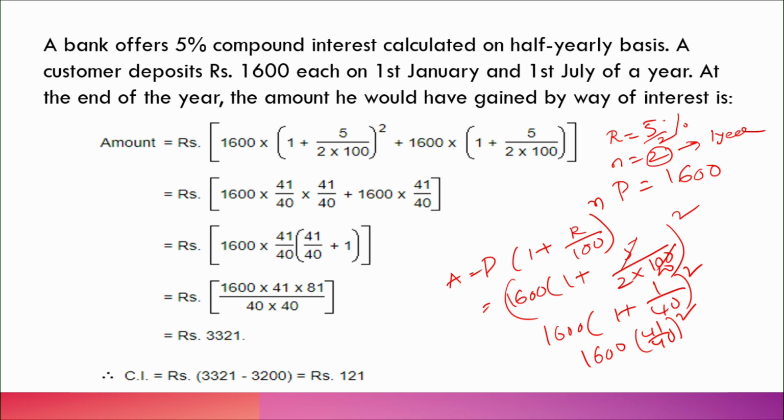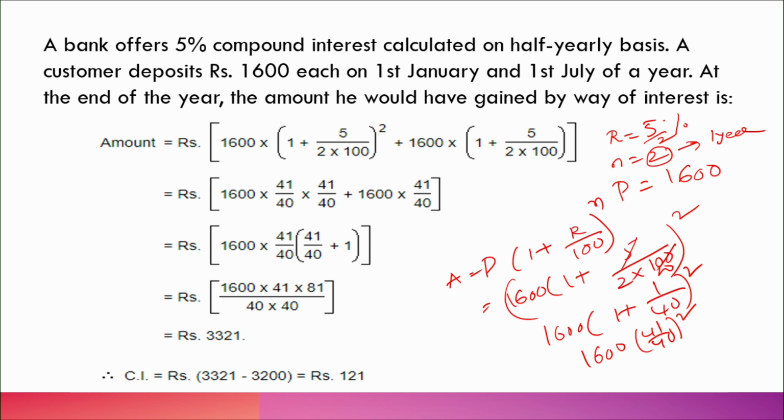Okay. So, the customer deposits 1600 each in January and July, and the amount gained by interest at the end of the year is 1600 of 41 by 40 into 41 by 40, and the remaining, don't forget, so the first one is for 1 year. Understand the logic. The first 1600 he deposited on 1st January.